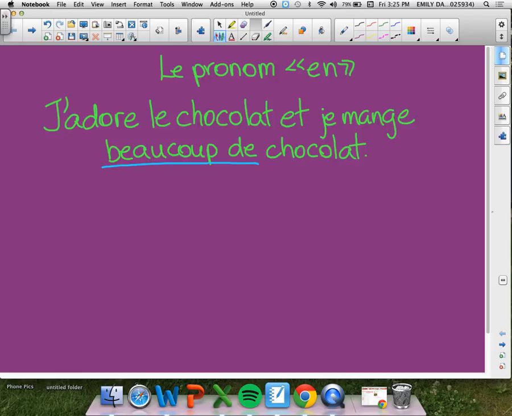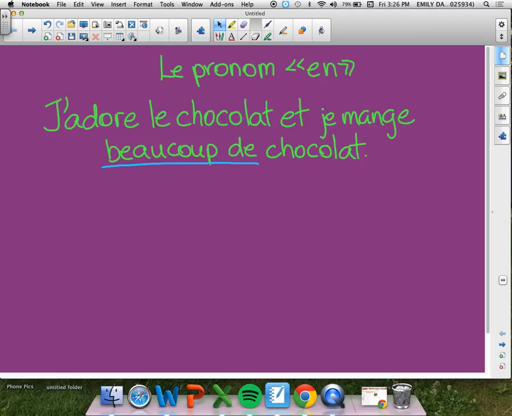Often it replaces your indefinite or partitive article, such as un, une, des, or deux, with en, but it also replaces expressions of quantity.